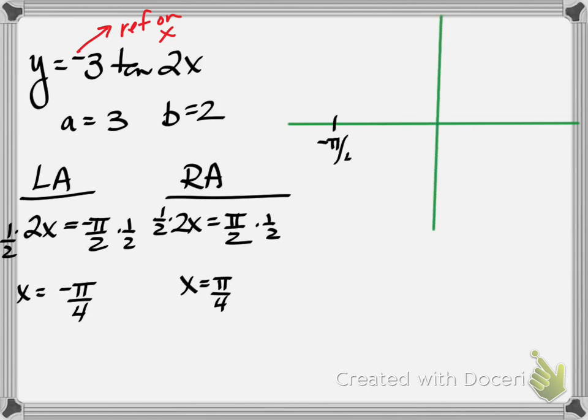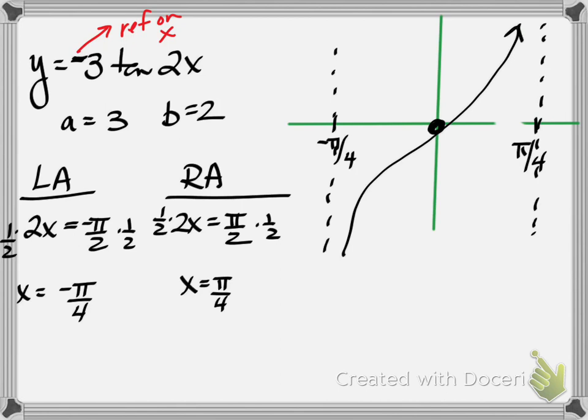Negative pi over 4, positive pi over 4. I do want you to get the midpoint, and since it's a negative, it's not going this way.